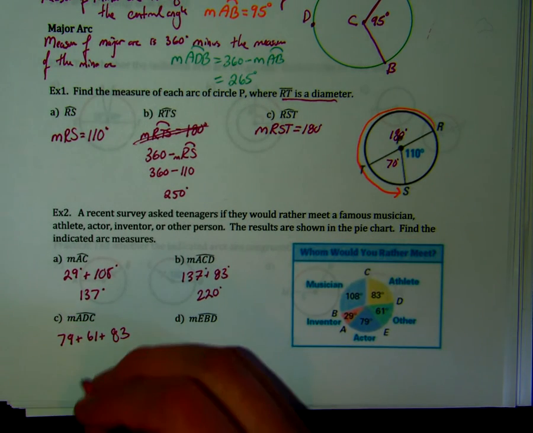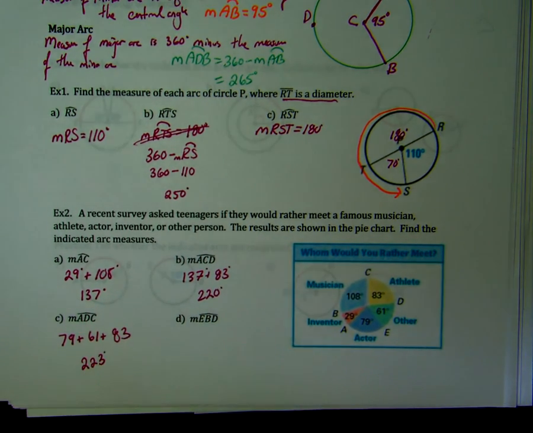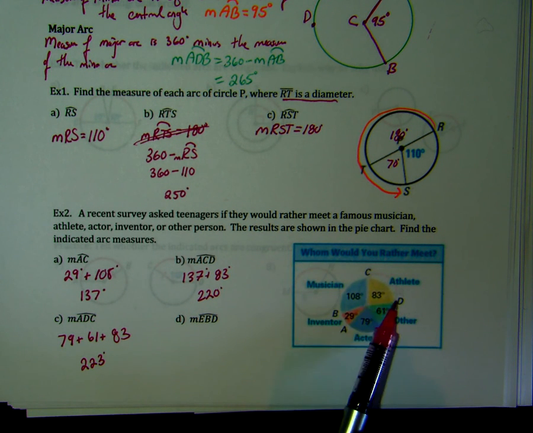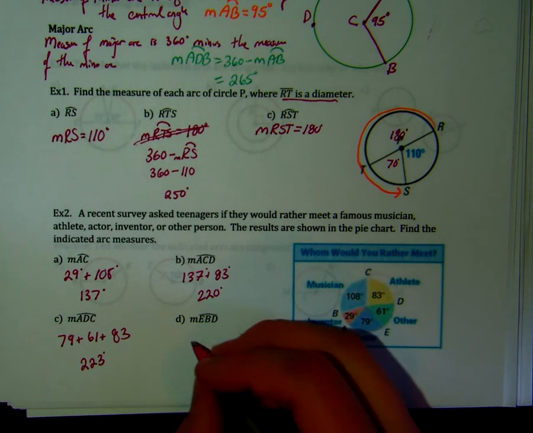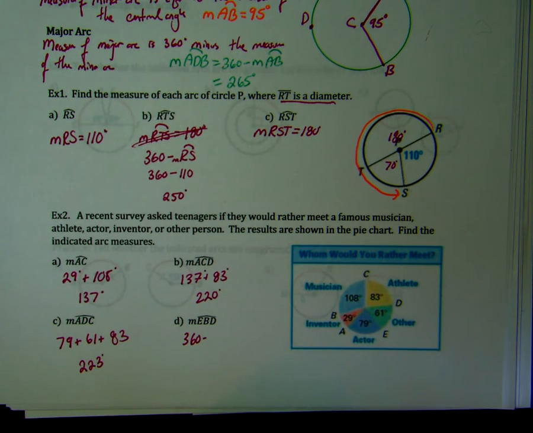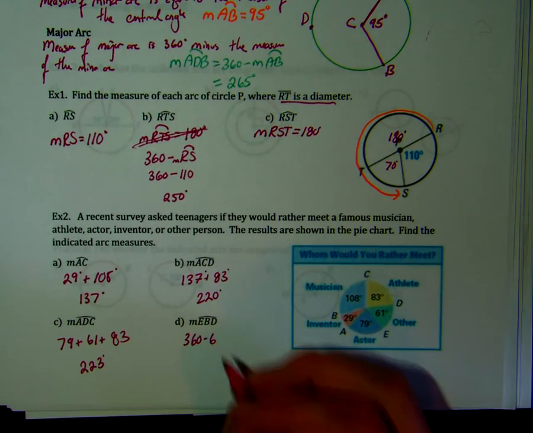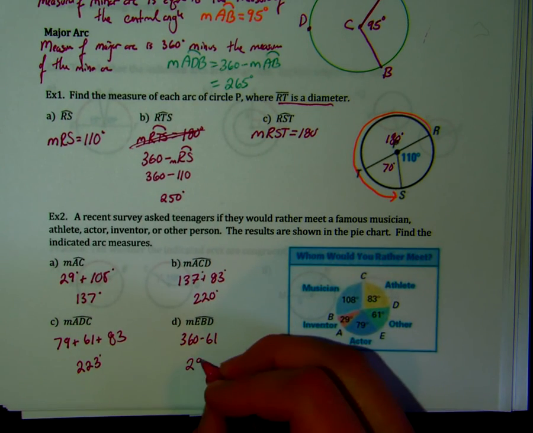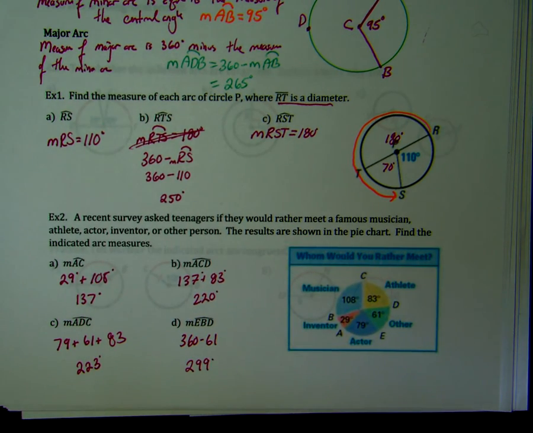And this should add up to 223 degrees. This arc EBD goes all the way around except for DE. So it's actually probably easier for me to just do 360 minus DE, because that's the only part that's not included. And this is 299 degrees.